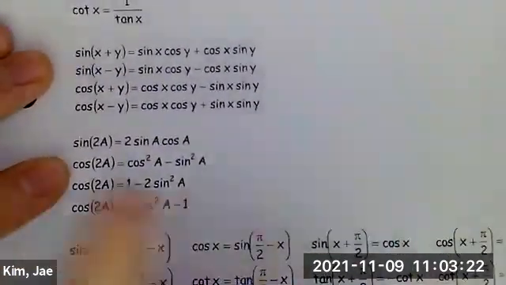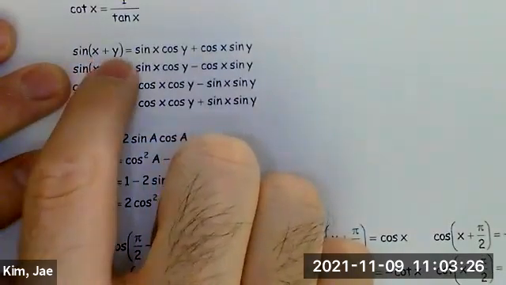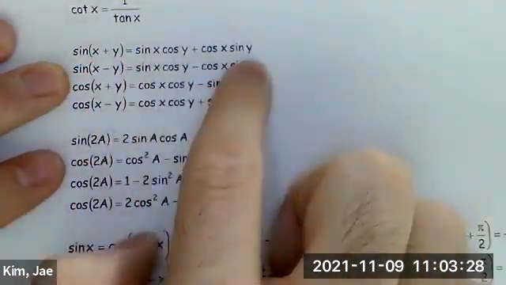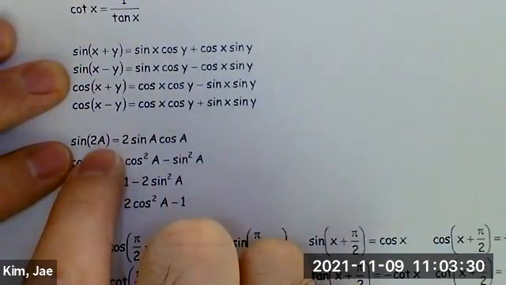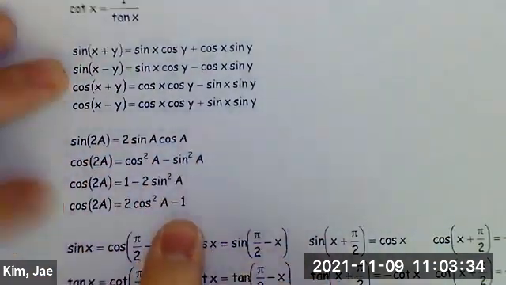If you take a look here, the double angle formulas are just underneath your compound angle formulas. If you have a compound angle, in other words, x plus y angles, you can rewrite it. But if the two angles happen to be exactly the same, you can rewrite it like this.